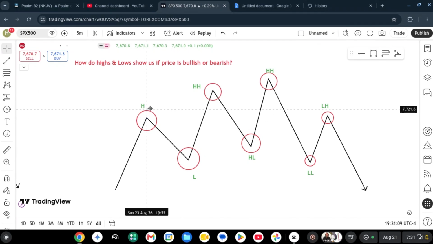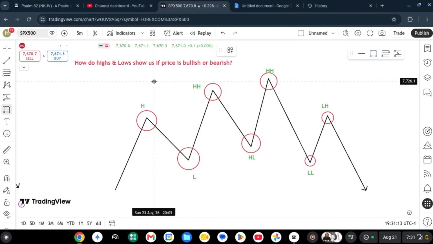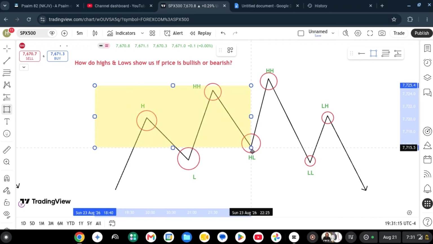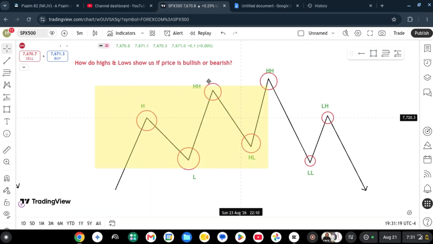Well, if we look at this portion of the chart right here, this is bullish market structure. So when this higher high is created, this is showing that price is potentially going to be bullish, meaning it's going up when it creates this high, low, and a higher high.